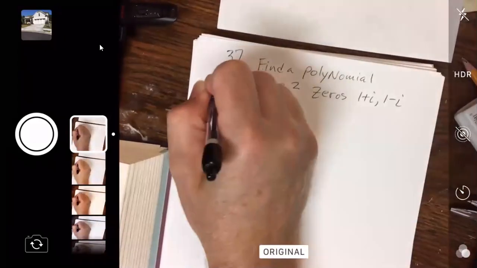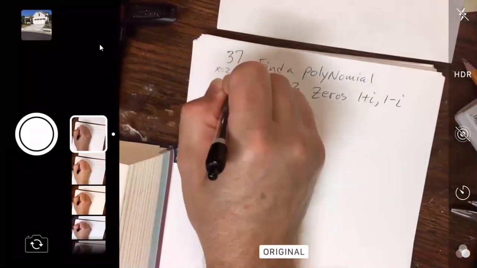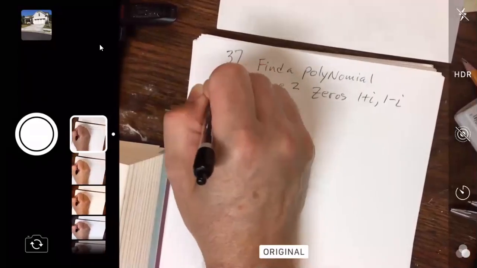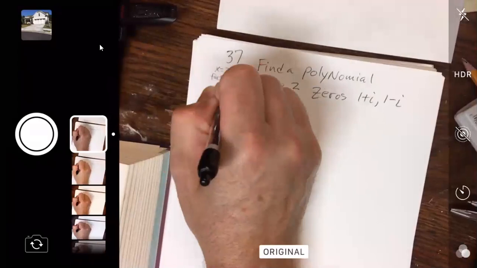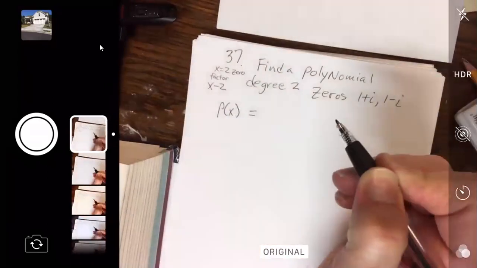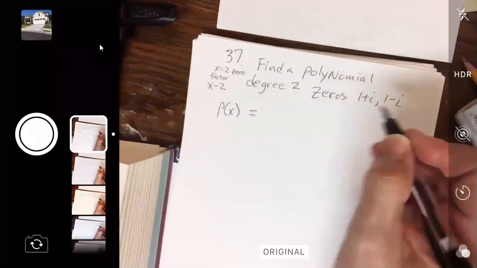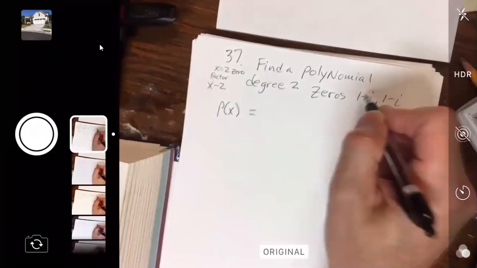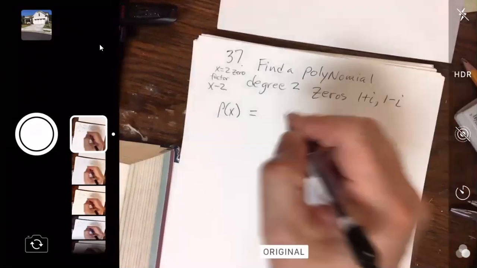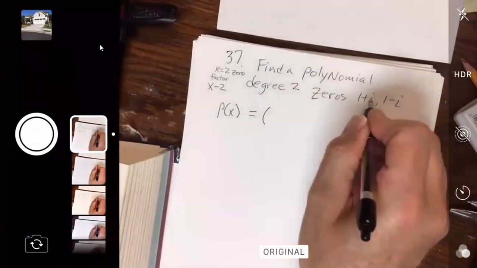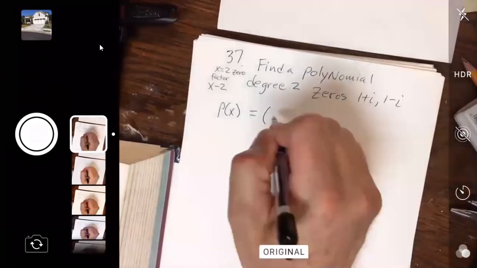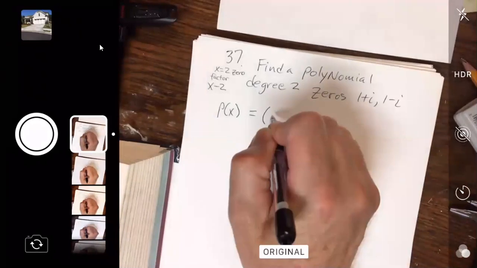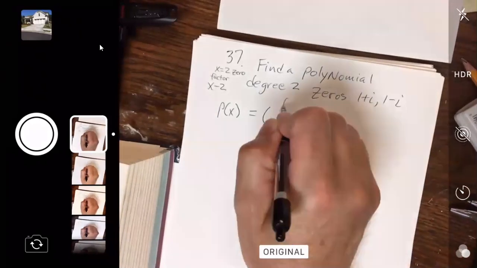if I told you that x was 2 was a 0, you know its factor is x minus 2. Well, you're going to do the same thing with this, except you're going to stick these things in parentheses. So in other words, if that's a 0, the factor is going to be x minus 1 plus i.